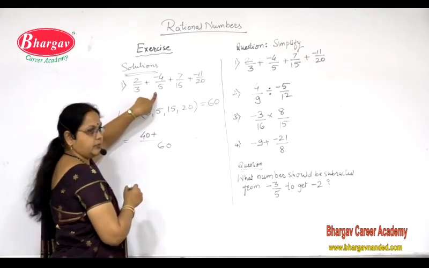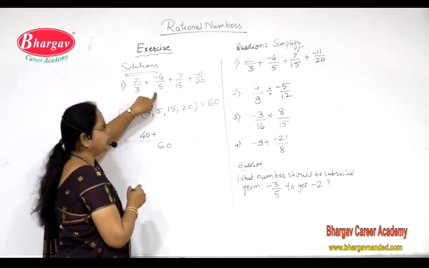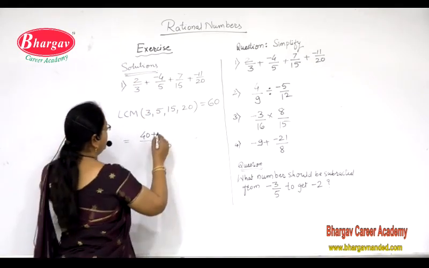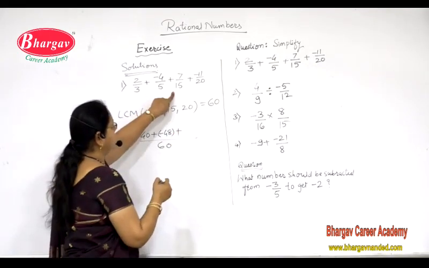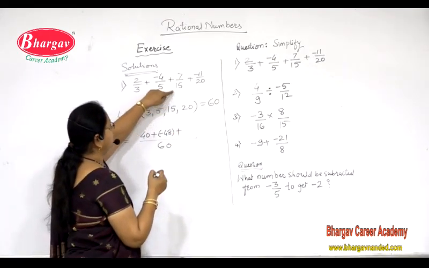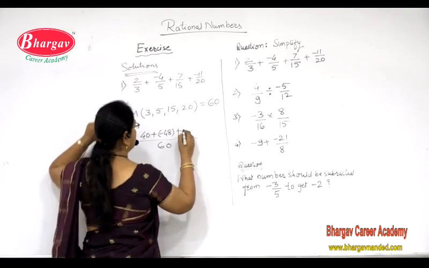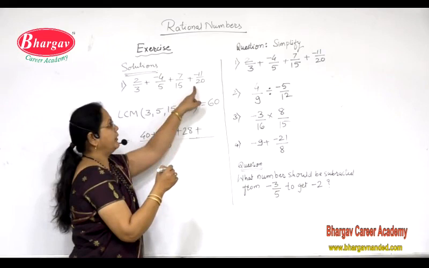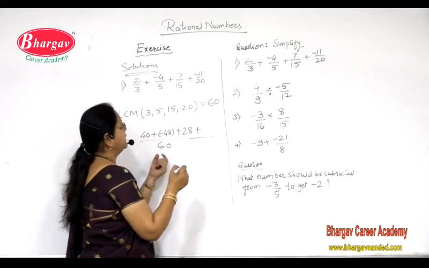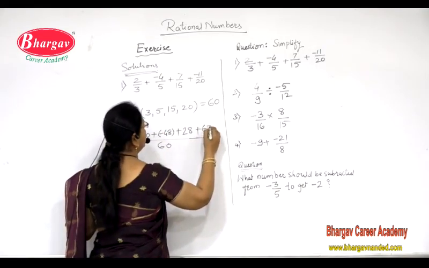In order to make this one 60, we need to multiply it by 12. So 12 into 4 minus 48 plus. In order to make 15 into 60, we multiply it by 4. So 7 4s are 28 plus. 20, to make it 60 we multiply by 3. That means minus 33.